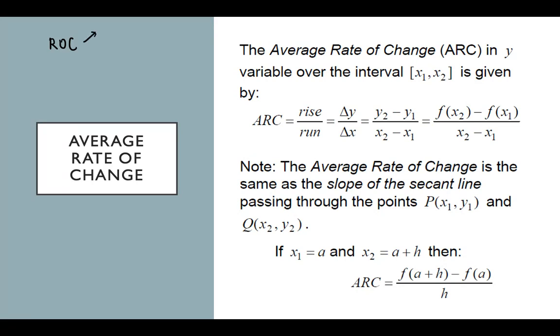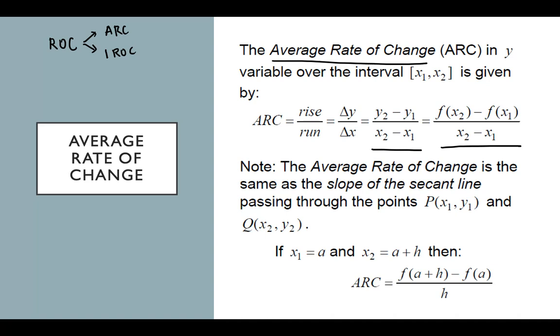There's two different categories, average and instantaneous rate of change. Now, average rate of change is rise over run, which is exactly the same as a slope. You can represent it using function notation or y2 minus y1 over x2 minus x1.